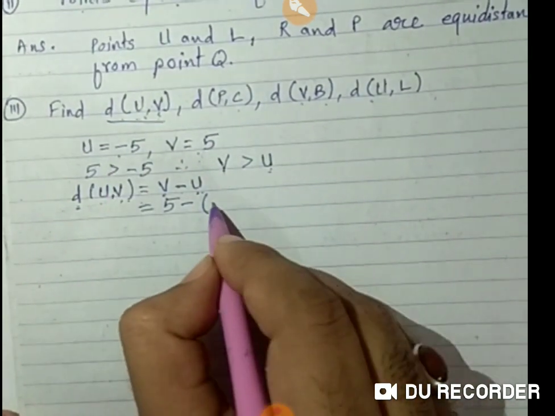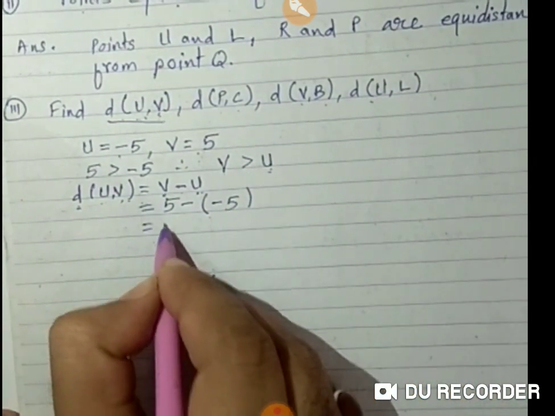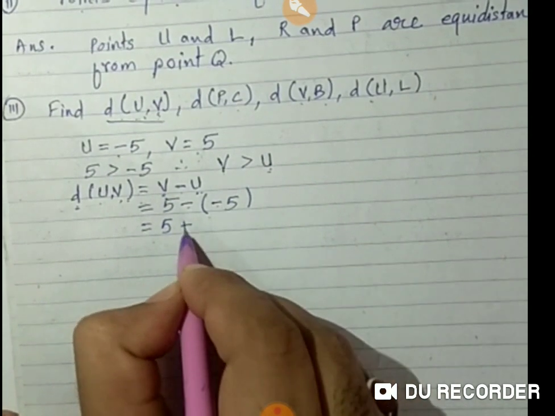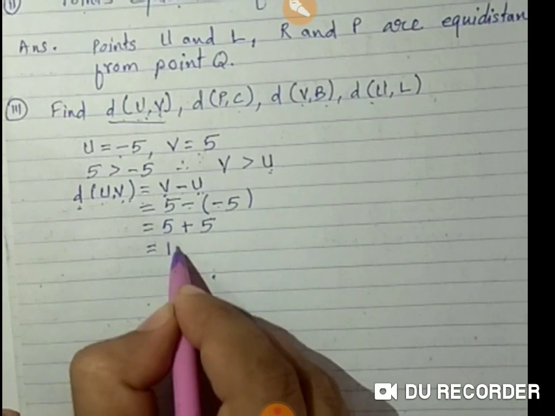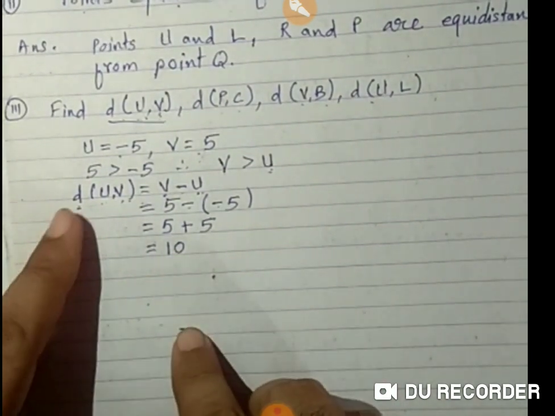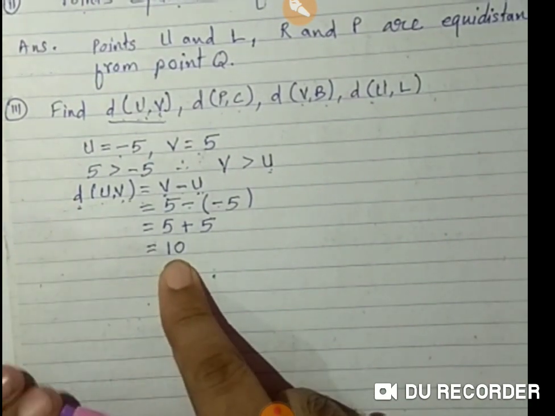So here I'll take -5. Now minus minus will become plus 5. So 5 plus 5, that is 10. So distance between UV is how much? 10 unit.